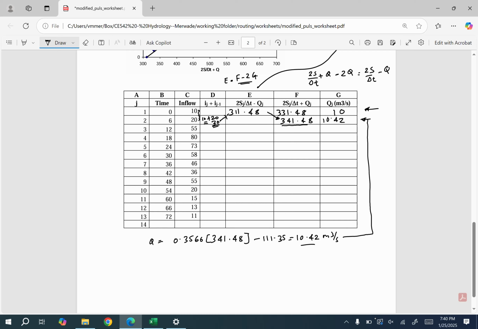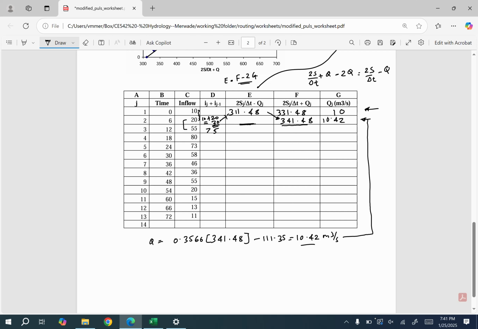Now we are on to the next row. For the next we have 20 plus 55, so 20 plus 55 is 75. Now to get column F, we need this value here, which is empty. For that again we will use F minus 2G: 341.48 minus 2 times 10.42.